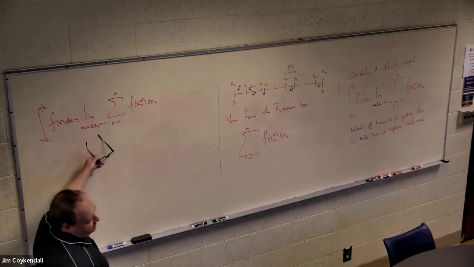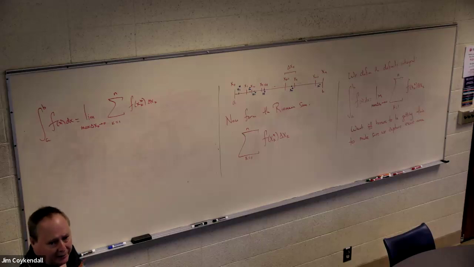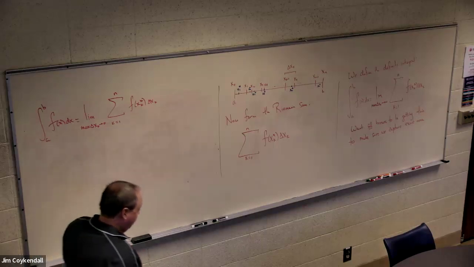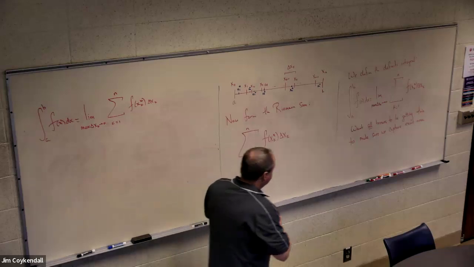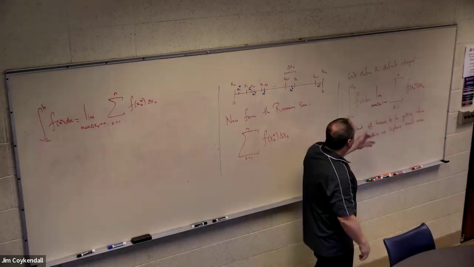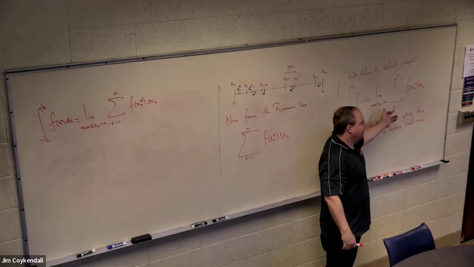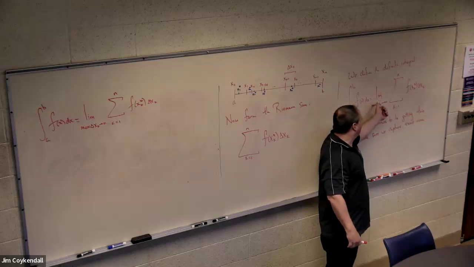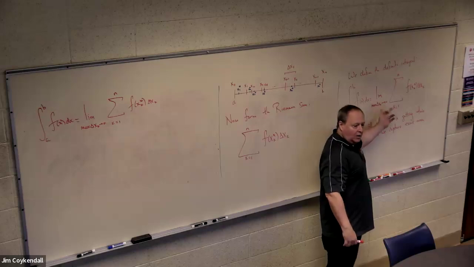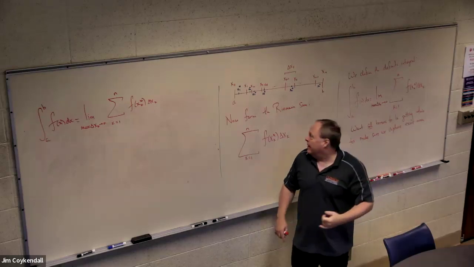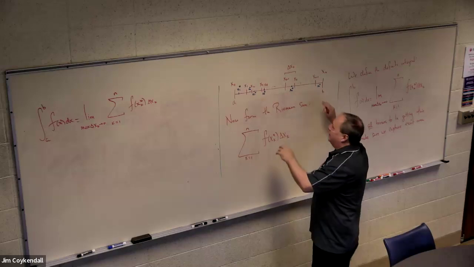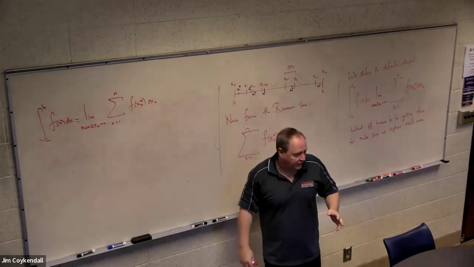Now, of course, the first thing that you might ask is, what if this limit doesn't exist? And this is why we have to do it generally, because for this thing to work out, this limit should exist no matter what partitions I make, no matter how I break up this interval and how I choose the test points. We should get the same answer in the limit.